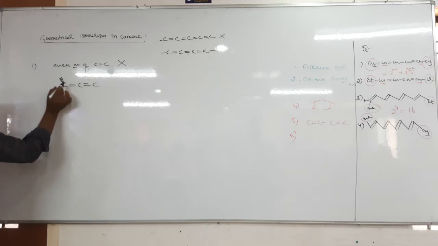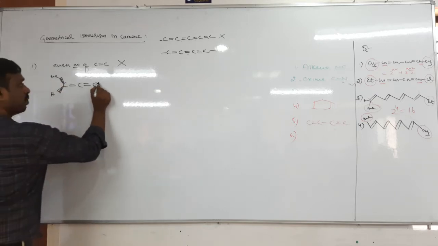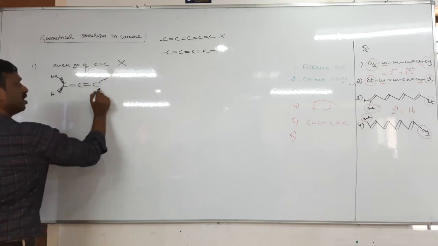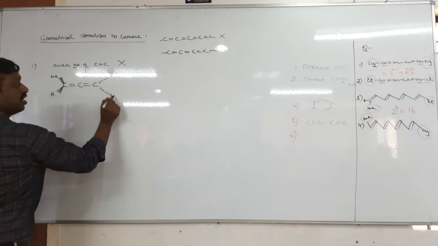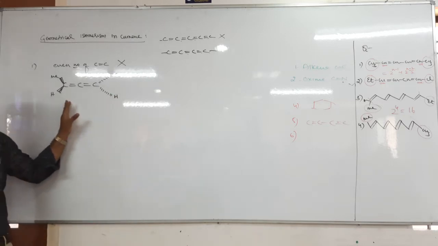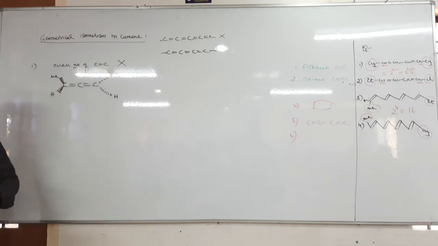If it is a hydrogen or an alkyl group, let us take methyl, on one terminal carbon there is methyl and here hydrogen, in a different plane. It means if the cumulene contains an even number of double bonds, then the groups on the terminal carbon atoms come in opposite planes, not in the same plane.